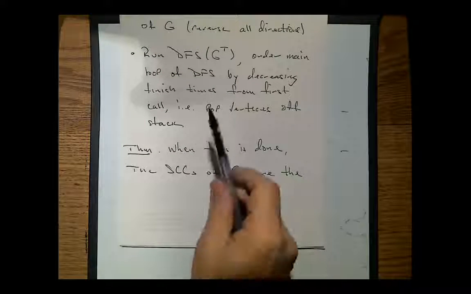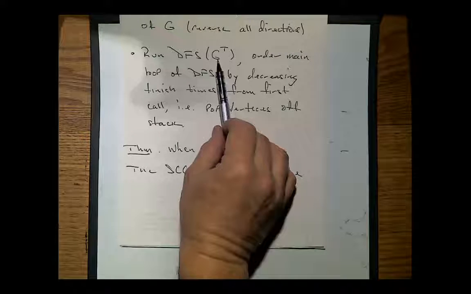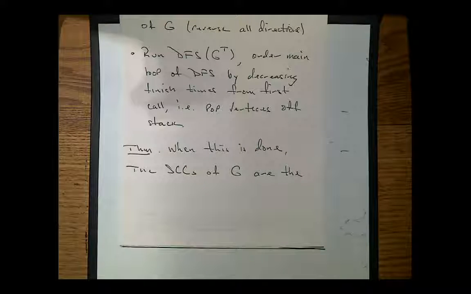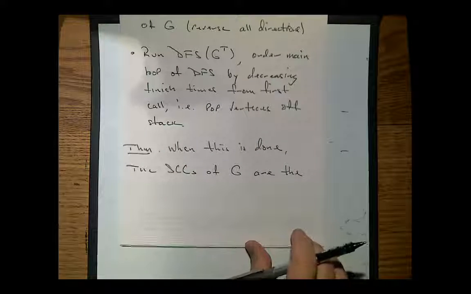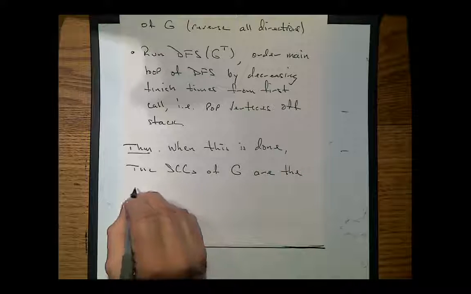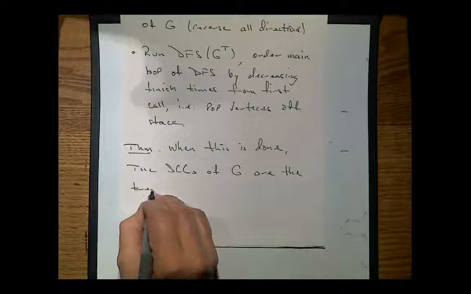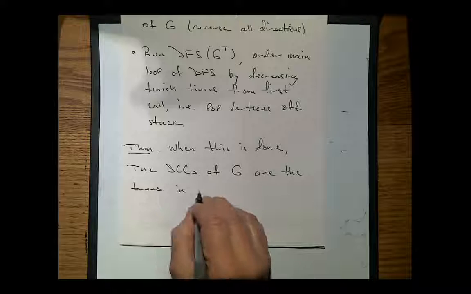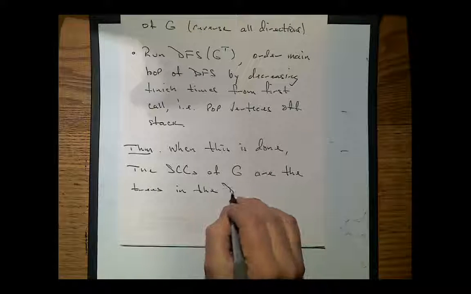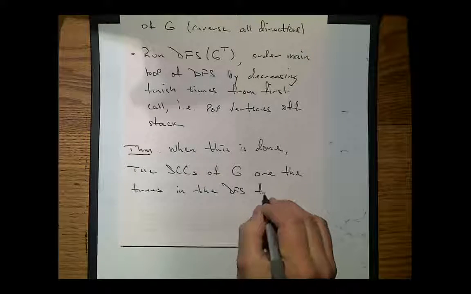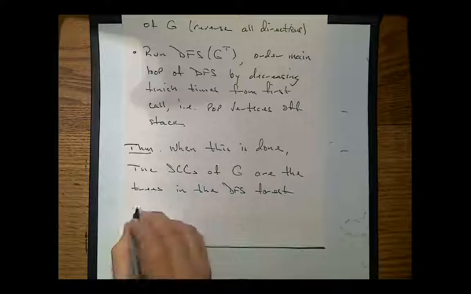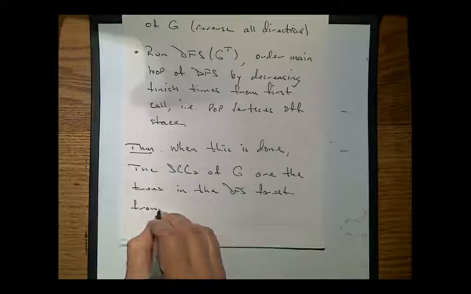By the way, notice that the strongly connected components of G and G transpose are one and the same. Are the trees in the DFS forest from the second call.